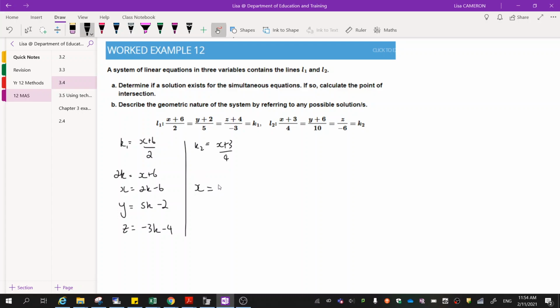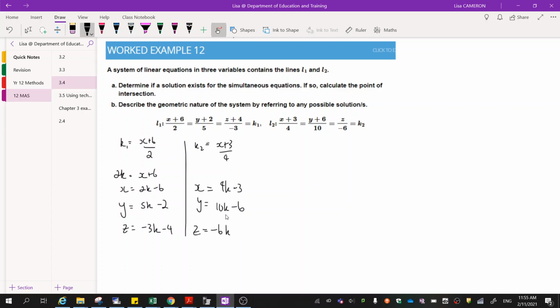So for the first one, x is going to be equal to 4k - 3. y is going to be equal to 10k - 6. And z is going to be equal to -6k, and that's it.